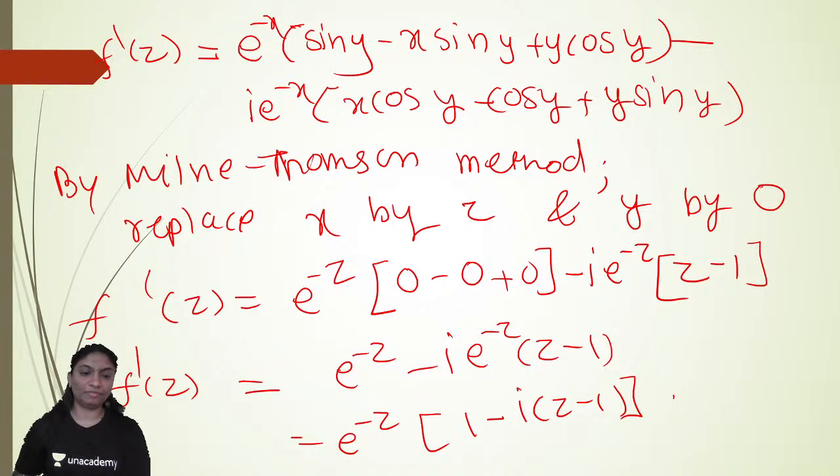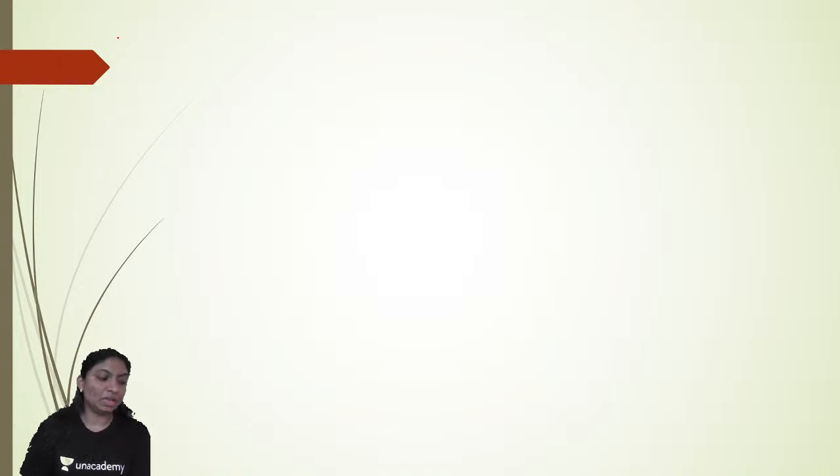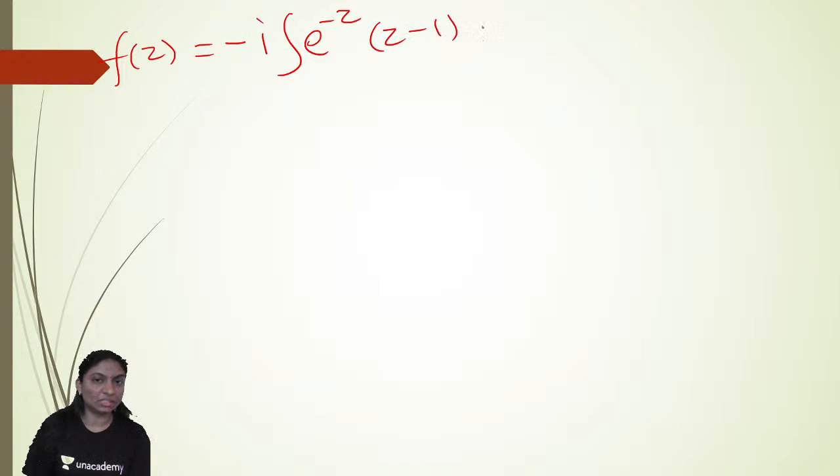So this will give you f dash of z. So integrating on both sides, you will get f of z is equal to minus of i into integral of e raised to minus z into z minus 1 dz plus c.